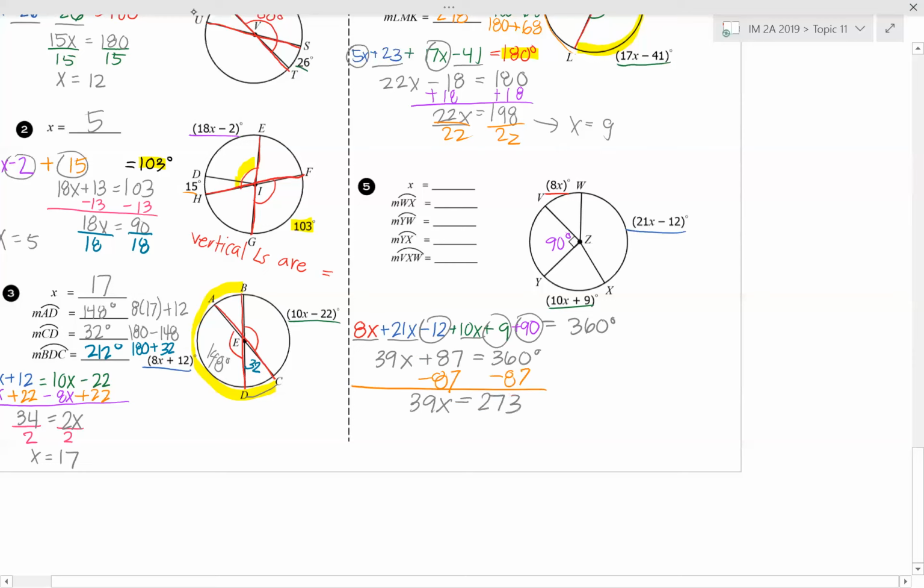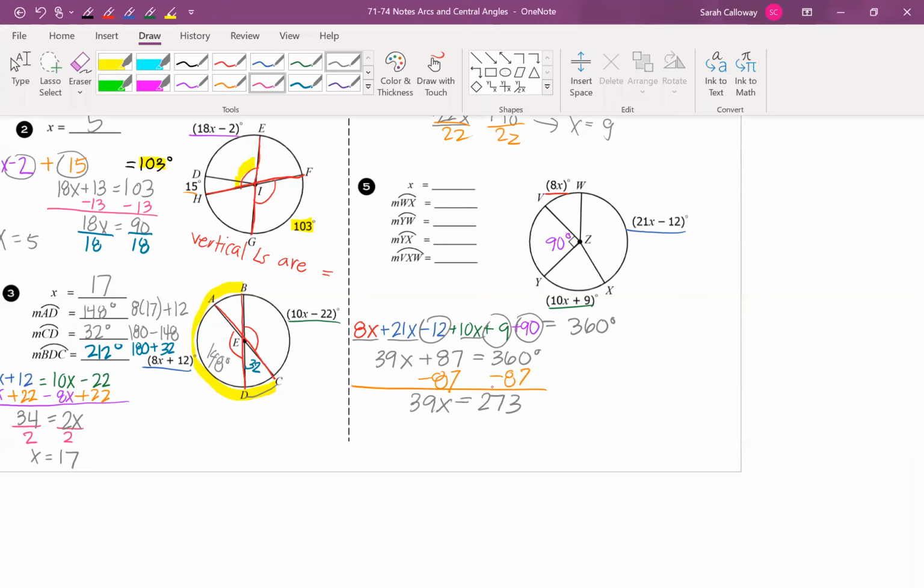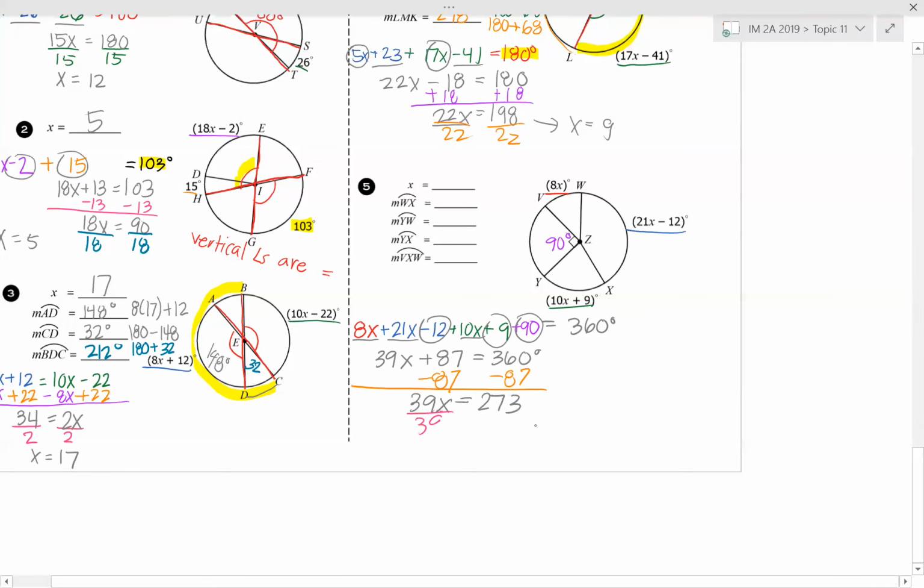And then dividing both sides by 39 tells us that x is equal to 7. So if x is 7, we can use that to find each of these arcs.